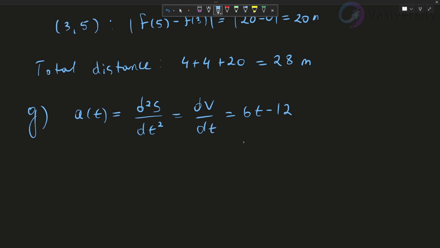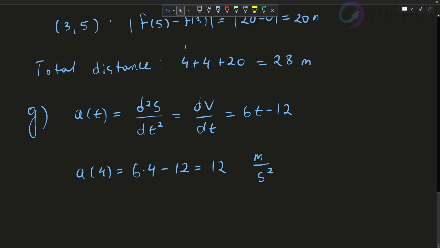So this is our general formula. And we want to evaluate it at 4 seconds. So we're going to have 6 times 4 minus 12, which is equal to 12 meters per second squared.